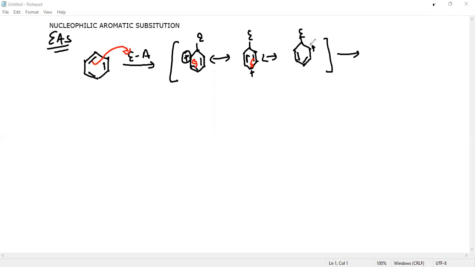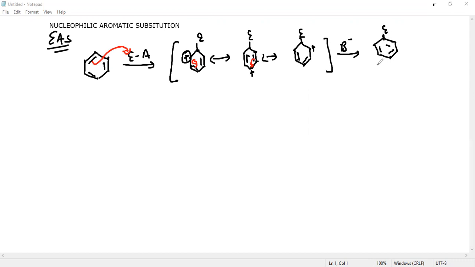And then some base will go ahead and attack, grab this one. There will be a base. So this aromaticity will be resumed, as you can recall from the previous online lecture.